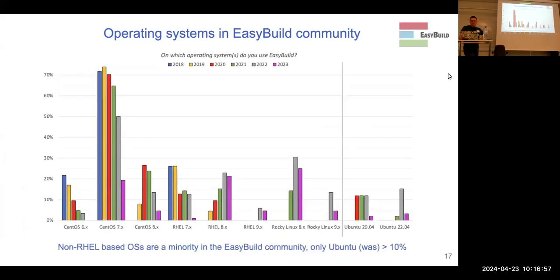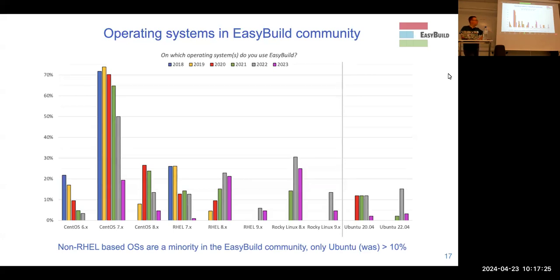So mostly RHEL based. There are others out there. I didn't actually mention most of them on the slide. So everything left of the line is RHEL based. CentOS 6 is now gone happily, but finally, it's the first year that nobody answered CentOS 6. The ones on the right of the line, Ubuntu 20.04 and 22.04, those are the only ones that at some point reached over 10% of adoption in the EasyBuild community.